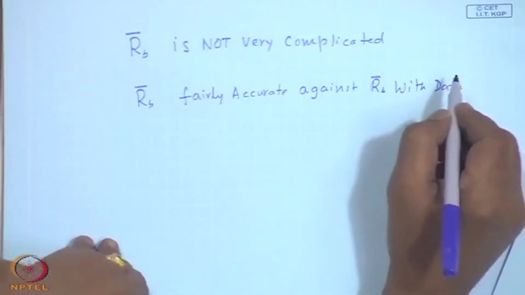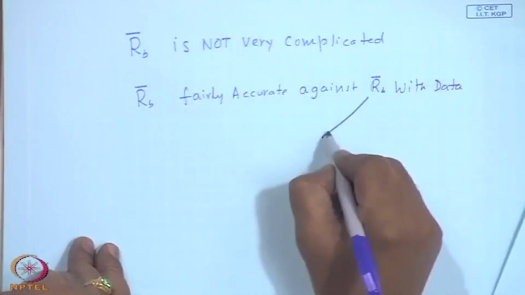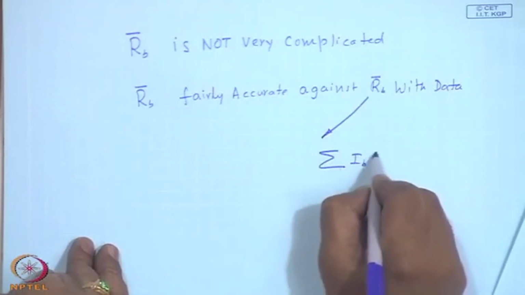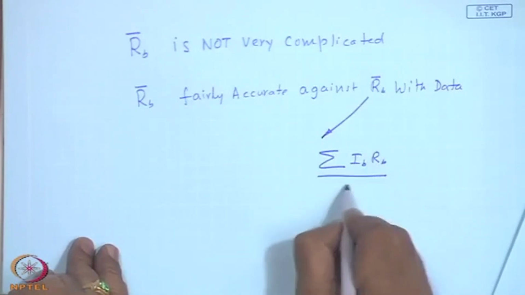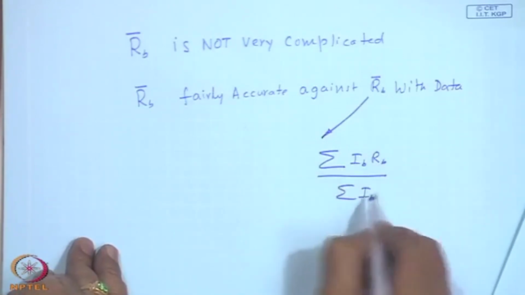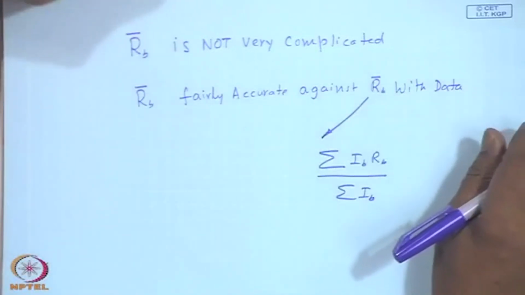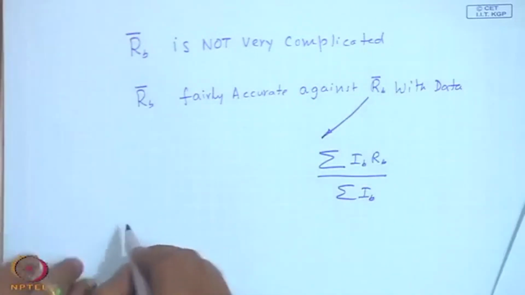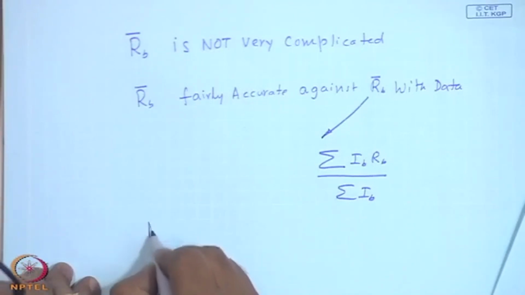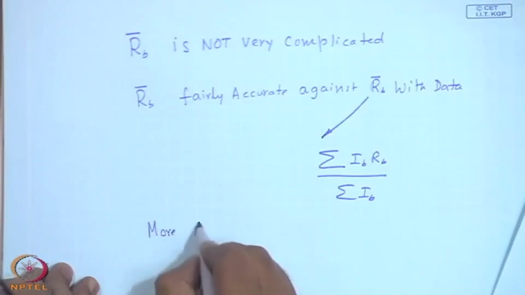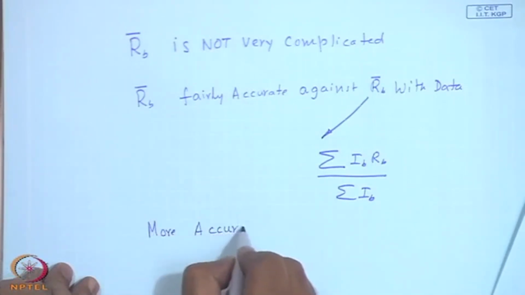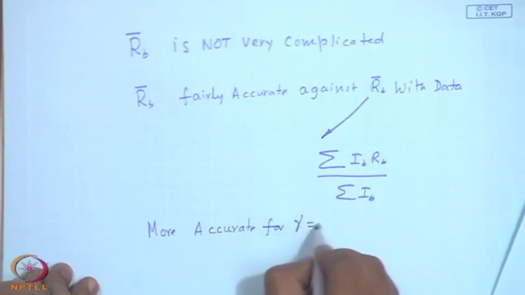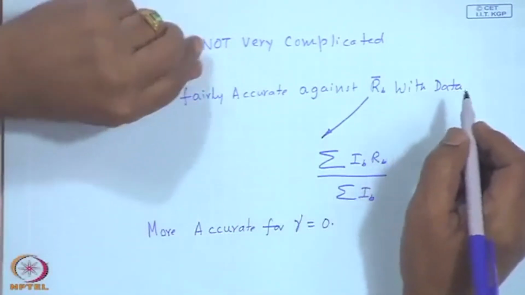In other words, you compute this with sigma IB RB by sigma IB, this will be within 3 to 5%, and this is more accurate when gamma is equal to 0.